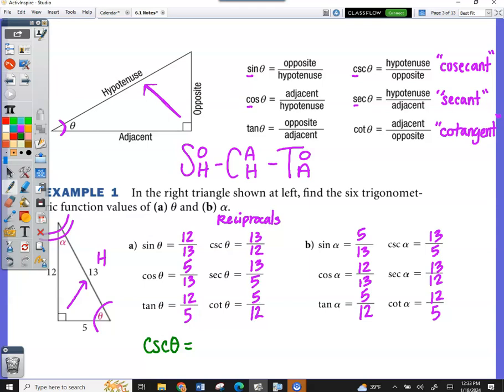Okay, what's another way to write the reciprocal of sine? Look at this. 1 over sine theta.